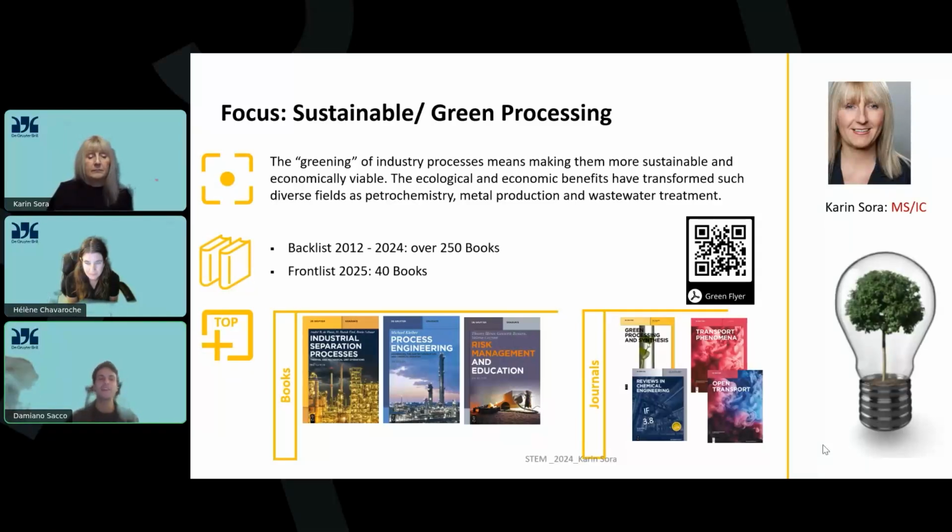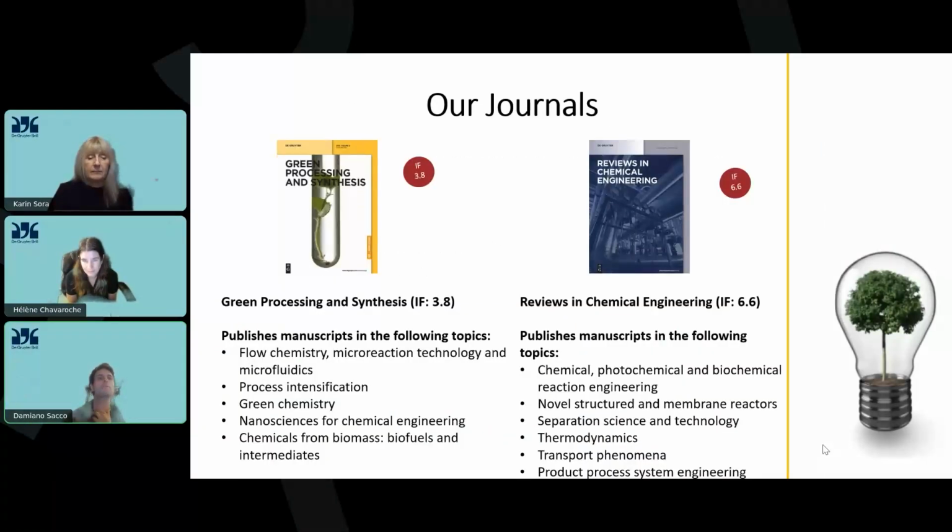We have a very strong program. We have over 250 books in our portfolio, and every year we publish around 40 books. In 2025, we published 40 books. We also have some very good journals that I wanted to talk to you quickly about.